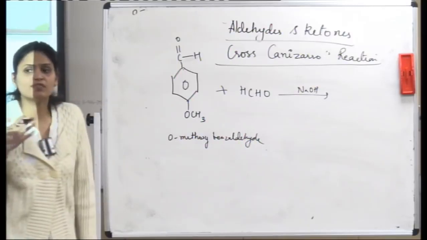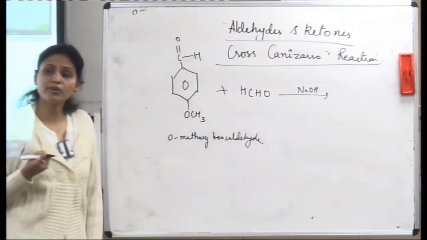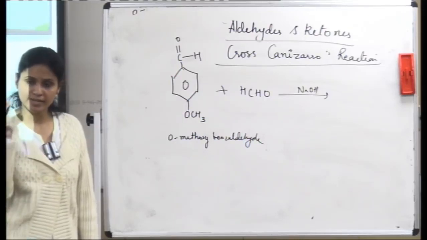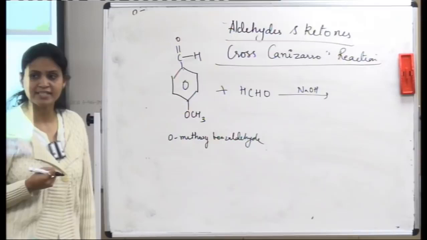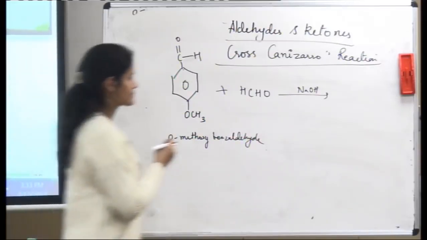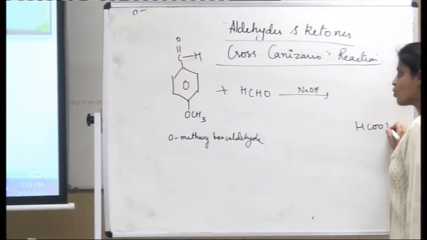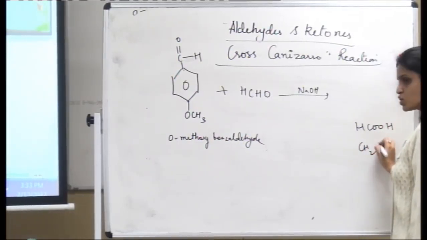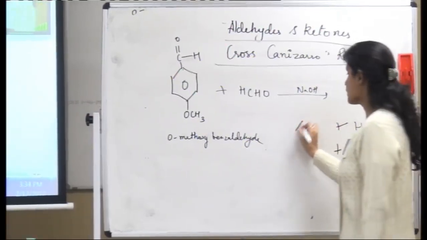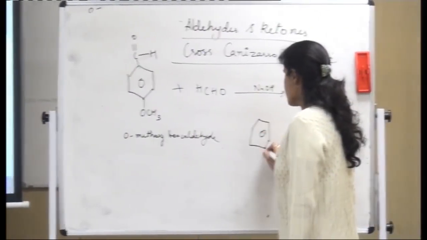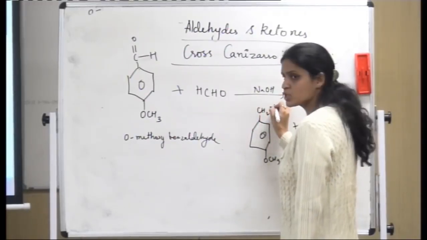How will you decide, when I am taking different aldehydes and ketones, which reactant will undergo oxidation and which will undergo reduction? It could be either HCOOH or CH2OH, or it could be OCH3 and CH2OH, right?